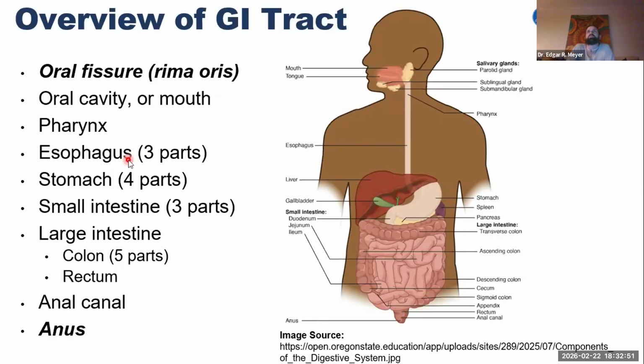So for example, the proximal 1/3 of the esophagus would be primarily composed of what type of muscle tissue?